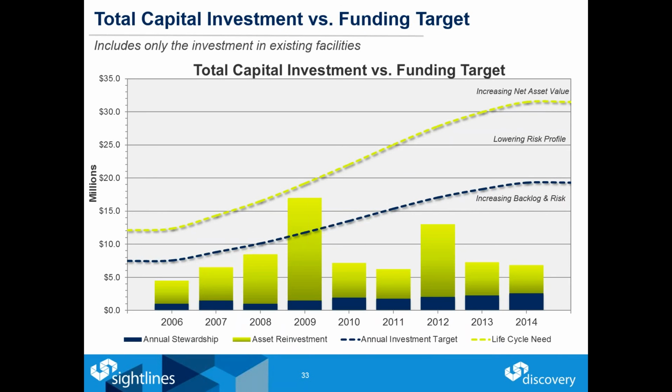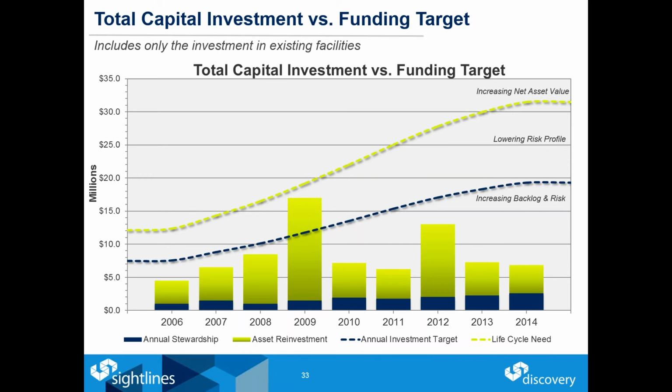When I look at adding capital investment over that annual stewardship, you can see that the good news is I get closer to that range. There are years when I am in the target range, but no years where I'm really making dents and going above that yellow line and increasing my net asset value.